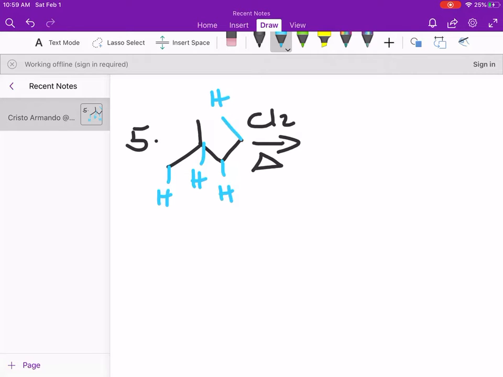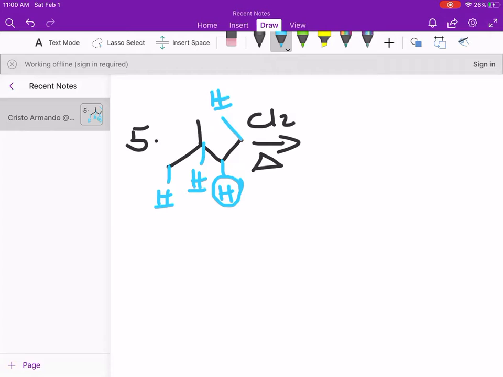And which one of these, if replaced with the chlorine, would give us a chiral center? It would not be this one, right? It would not be this one. It would not be this one. But if you replace this hydrogen with the chlorine, you would get a chiral center, because you have one methyl group going off and then one isopropyl group going off.